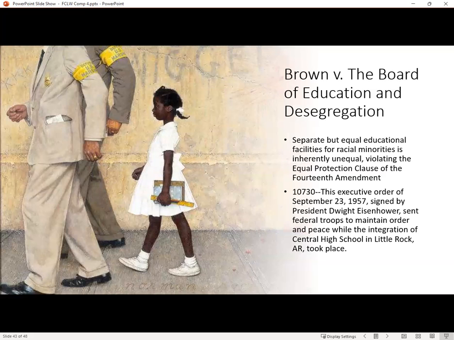And so she won her court case, and yet she was having a hard time because they said it was unequal for racial minorities. It's violating the Equal Protection Clause of the 14th Amendment. So they had to make an executive order. Eisenhower made an executive order to send troops to Little Rock, Arkansas, so that this young lady could go to school.